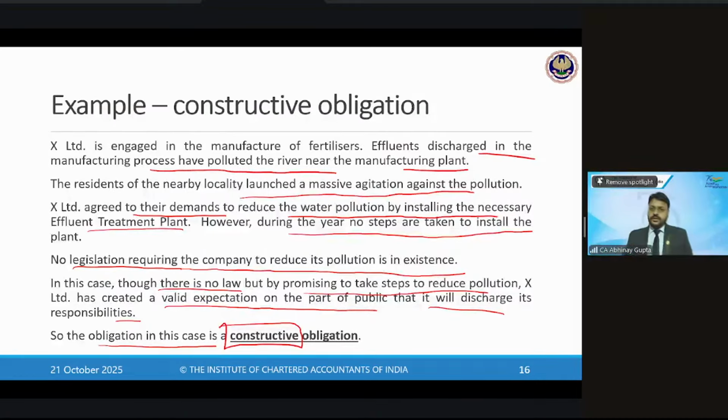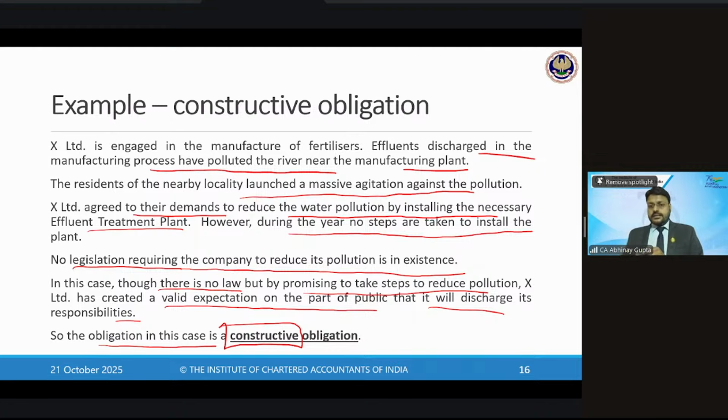So dumping of the leftover effluents of the fertilizer manufacturing into the river is the past event. Now, the river is getting polluted, yes or no? So the river getting polluted is the past event rather. Correct?